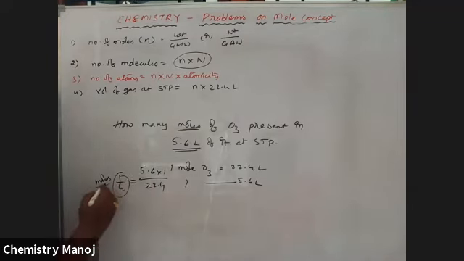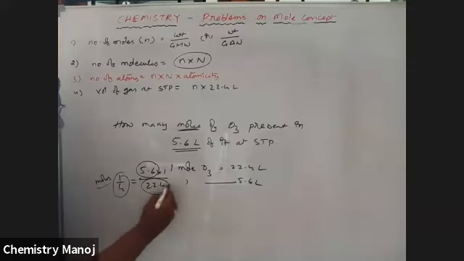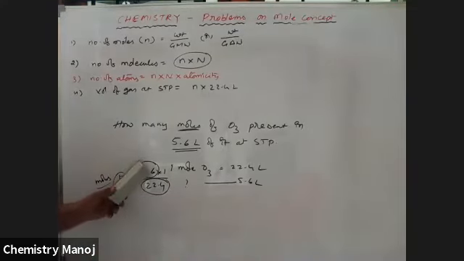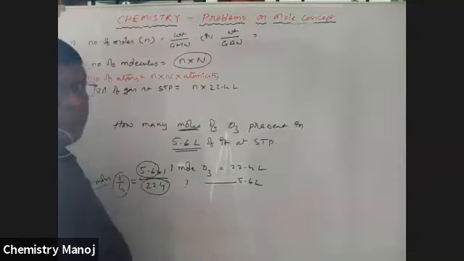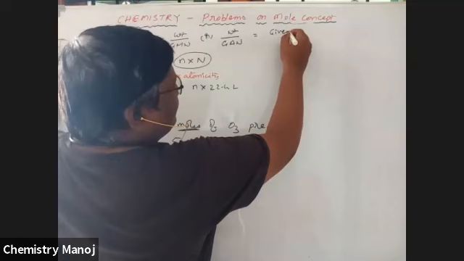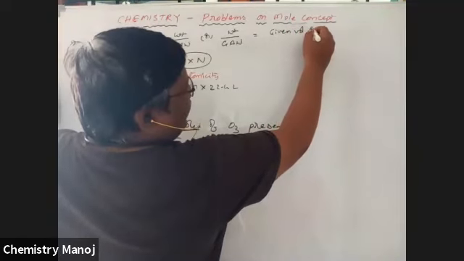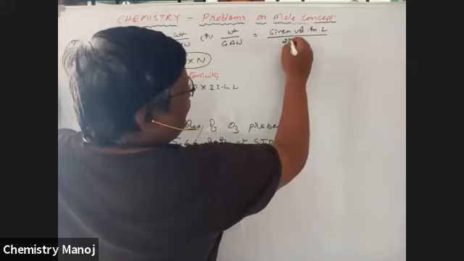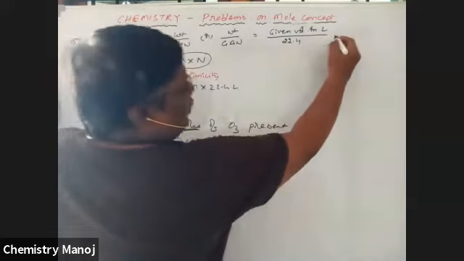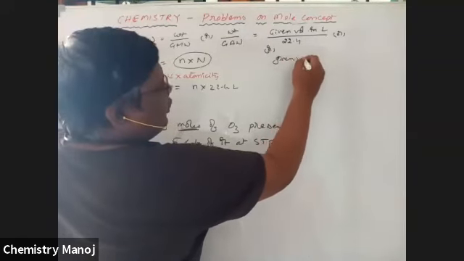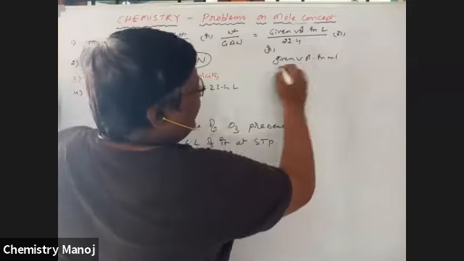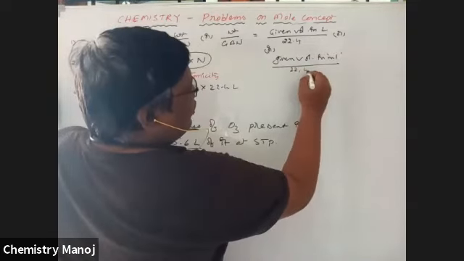Moles is calculated by using the given volume in liters by 22.4 liters, that gives the number of moles. That means the number of moles is also calculated by using another formula, that is given volume in liters by 22.4, or given volume in ml by 22,400.